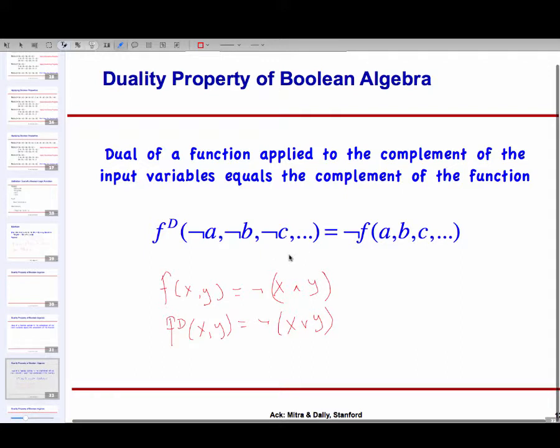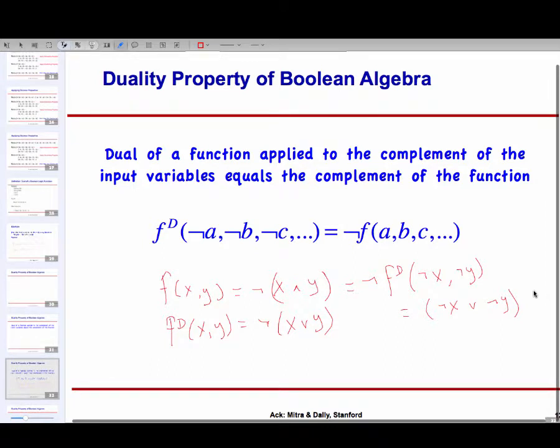And then what this property says is that f of x, y is the same as not of f dual applied on not x, not y, which I can write as, so this not and this not will cancel out, and I will have not x or not y.